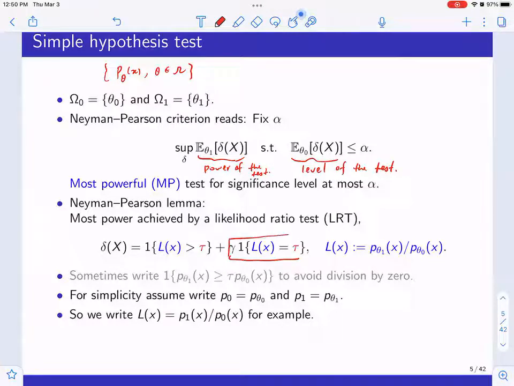But in cases where the distributions have point masses at certain points, it could be that L of x equal to tau is a non-trivial event. Then we have this gamma, which is between 0 and 1. So then we'll be dealing with a randomized test.